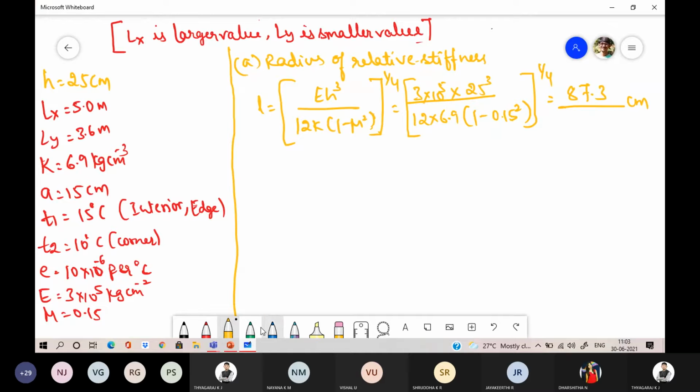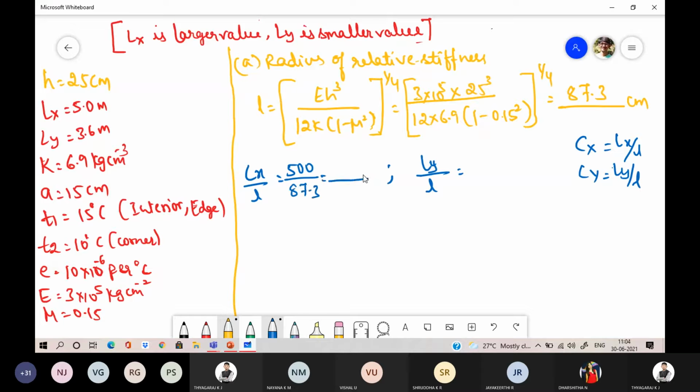Now, the first thing you have to calculate is the Lx by L ratio and the Ly by L ratio. Why? Because in the warping stress formula, the Cx and Cy are based on Lx by L and Ly by L. So Lx by L is 5,500 divided by L value, 87.3.